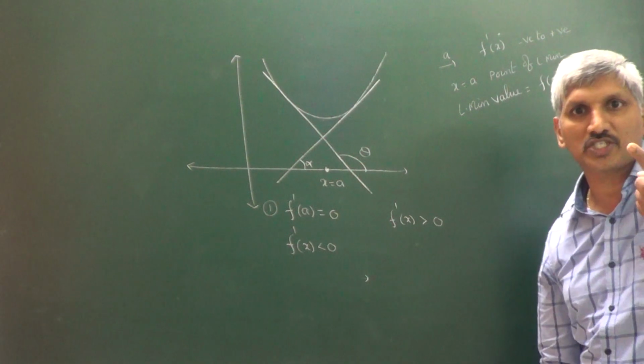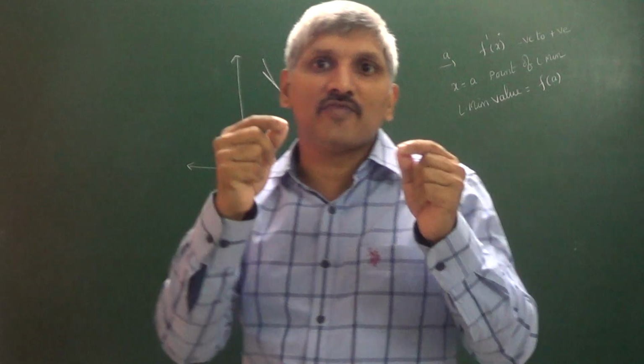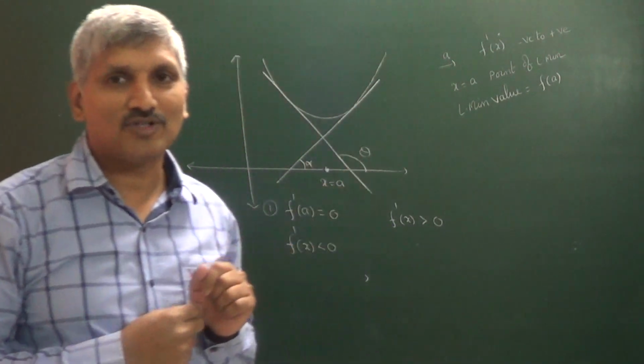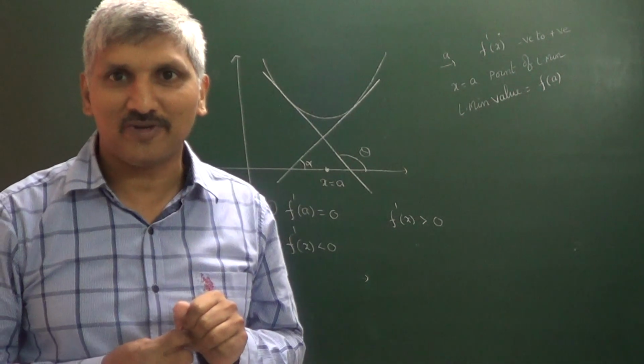In the given function, put x is equal to a, and we will get the local minimum value, right? So that is about finding local minima by using the first derivative test.